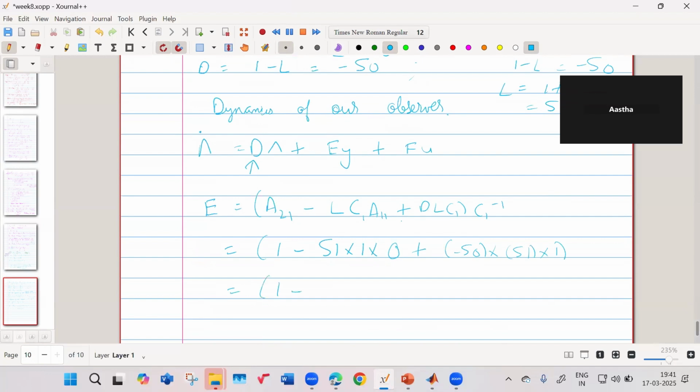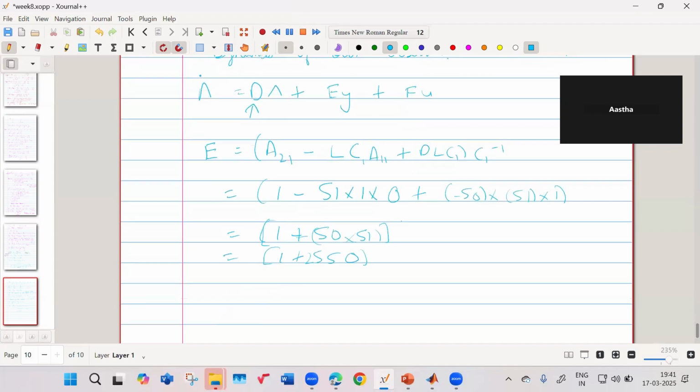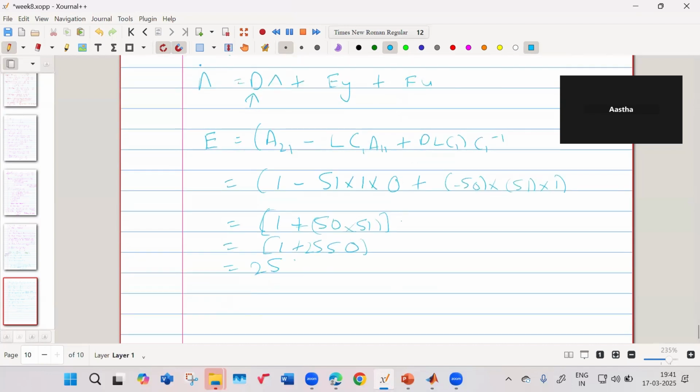This is 1 minus, so 1 plus 50 into 51. This becomes equal to 1 plus 2550, so it becomes equal to 2551.